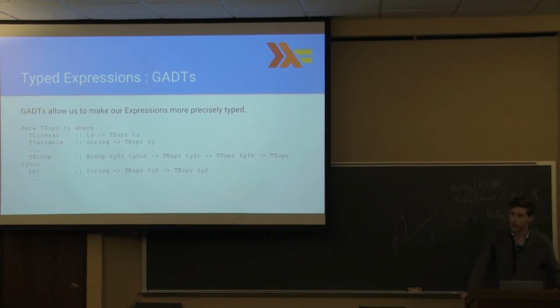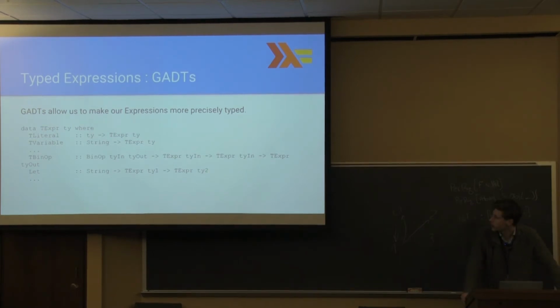So these can really be anything. They're unbound. But as you'll see with the bin op, this is a little bit more complicated. We'll first put in a bin op that has a type in and a type out specified. And this specifies for us in the GADT the typed expression of type in for the left-hand and the right-hand side. And then it will also give us a typed expression of type out.